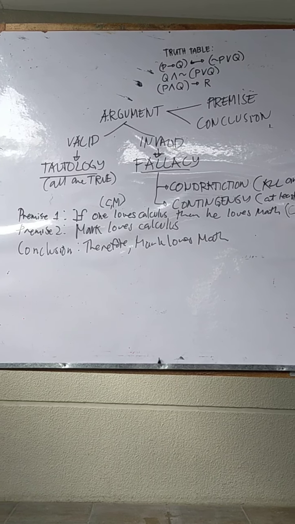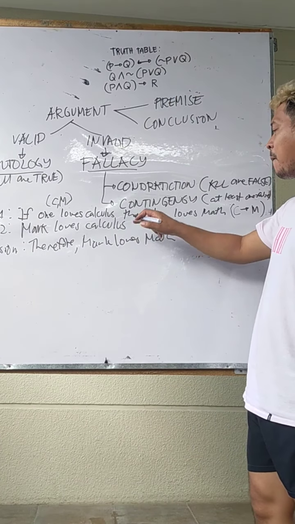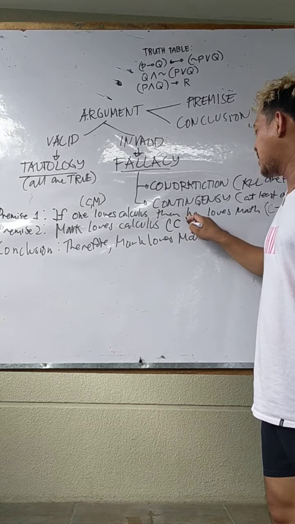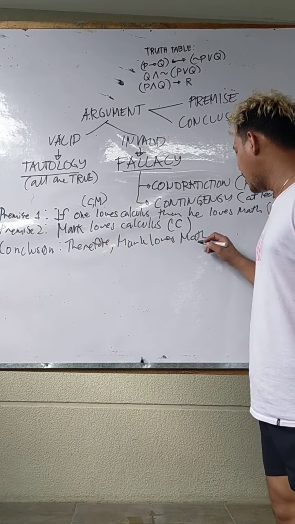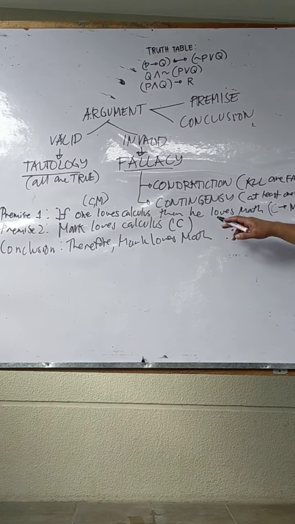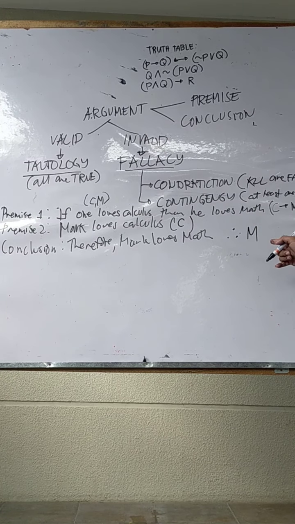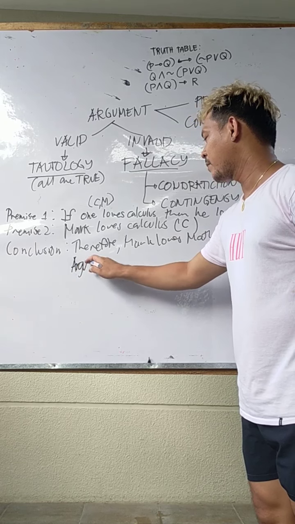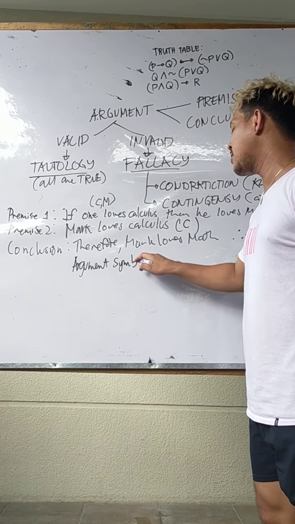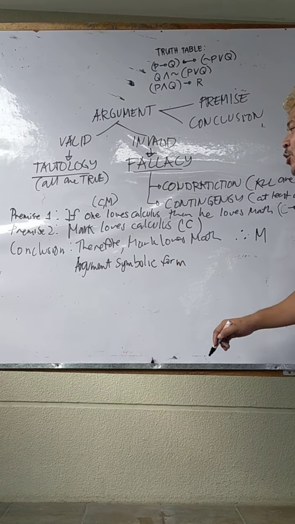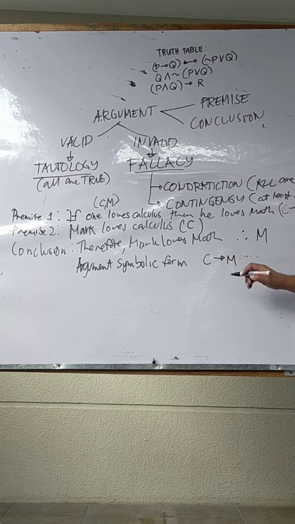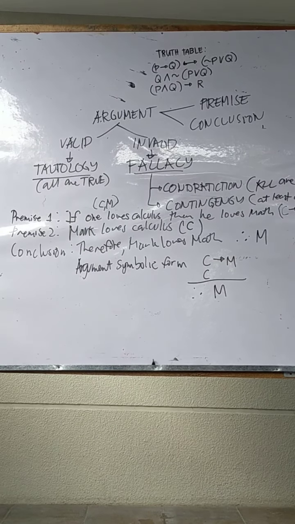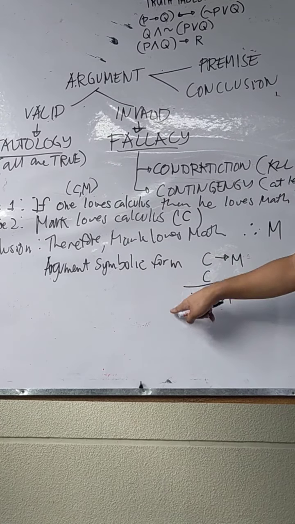Premise number 2, Mark loves calculus, that will be our premise letter C. Then, therefore, Mark loves math, therefore, M. If we write this in symbolic form of argument: premise 1, C implies M. Premise 2, C. Conclusion, therefore, M. This is the idea for argument symbolic form.